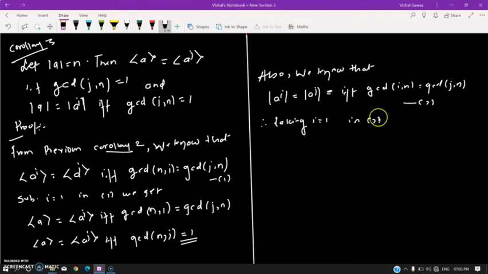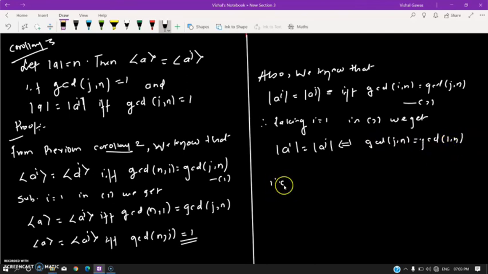In 2, we get that the order of A raised to 1 is equal to the order of A raised to J if and only if GCD of J with n is GCD of 1 with n. That is, the order of A is the same as the order of A raised to J if and only if GCD of J and n is 1.